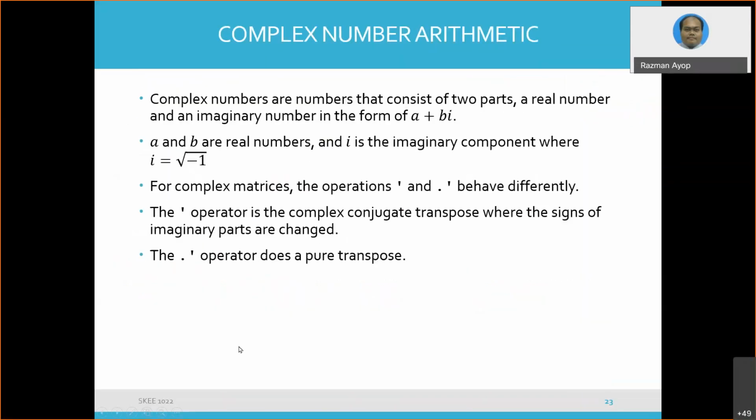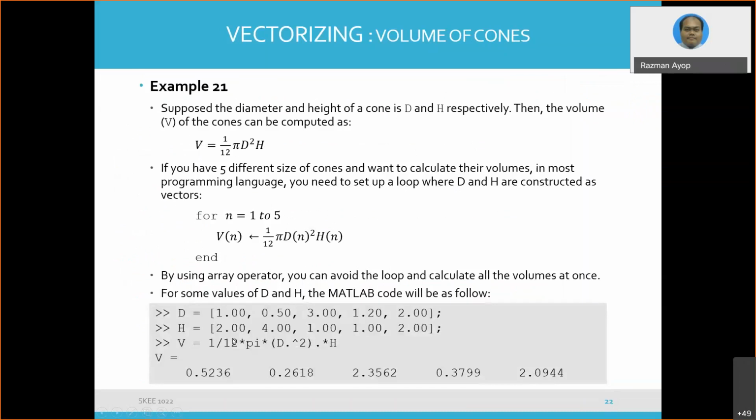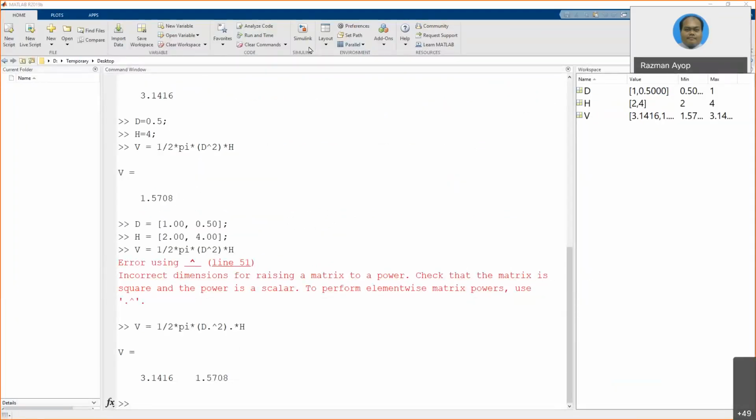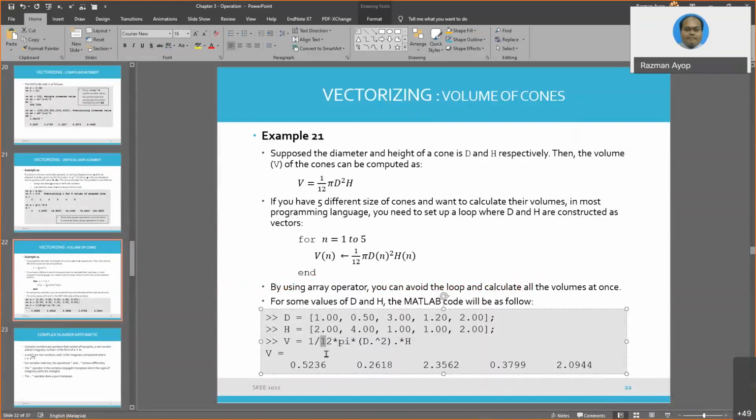The formula is 12. That's why the answer is different. Last time I didn't get the answer. Okay, thank you. So after this, make sure you put 12. If not mistaken, you have to put 12 for the volume of a cone. Okay, check back. But it's not important.